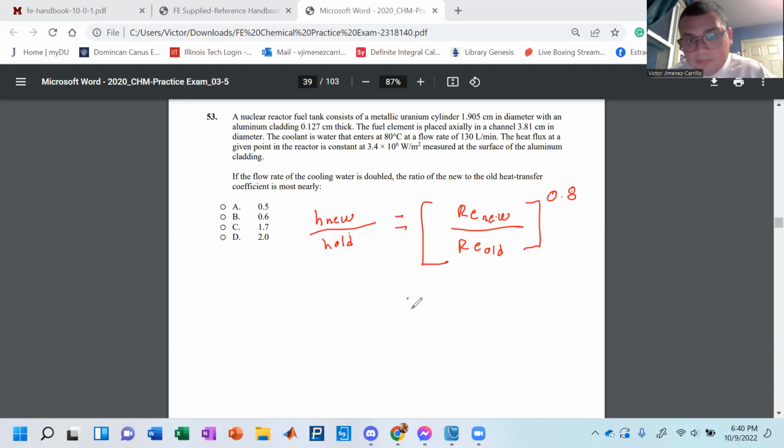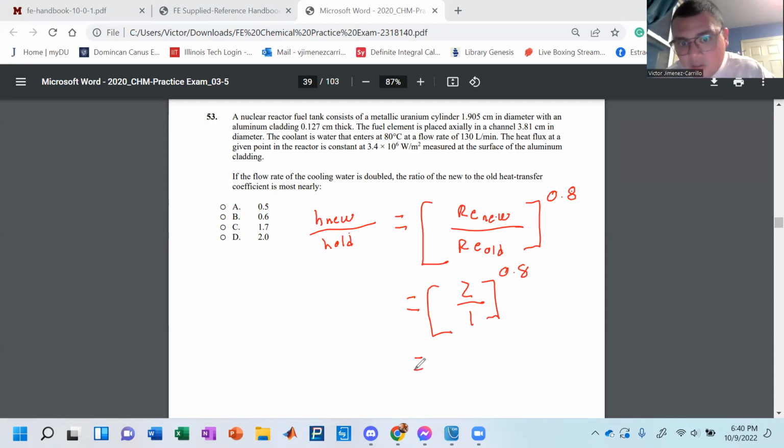Now remember what I said. If you're doubling the flow rate, you have to double the velocity, that means the new Reynolds number is twice as big as the old Reynolds number. So 2 divided by 1, it's a 2-to-1 ratio, to the power of 0.8.